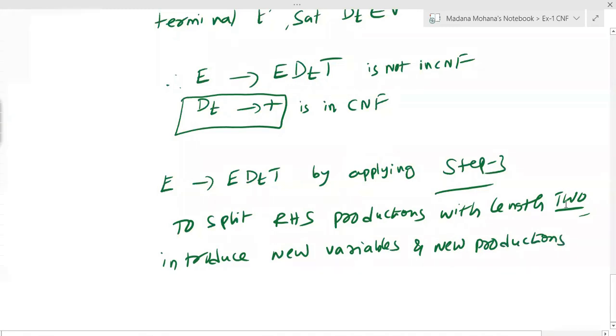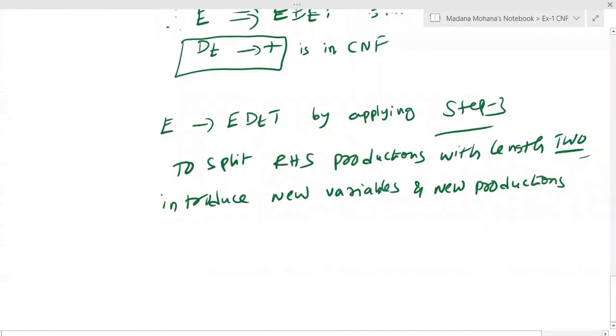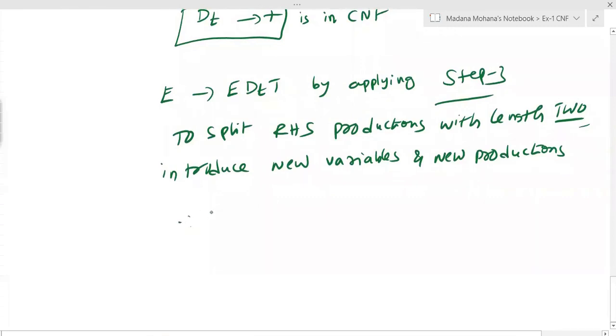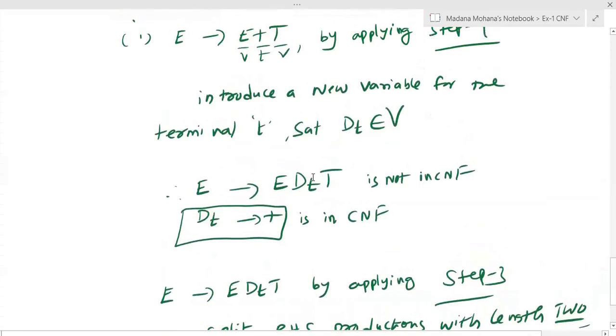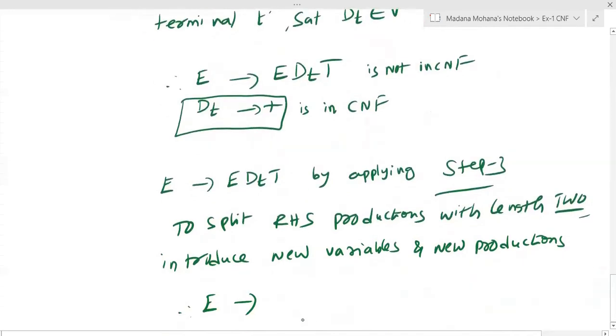Therefore, E derives, here it has 3 variables, E DT T. So you can take E as it is, the remaining 2 variables we can substitute with a new one. Let us say D1.